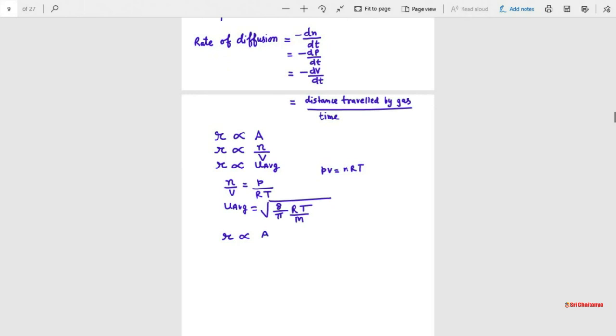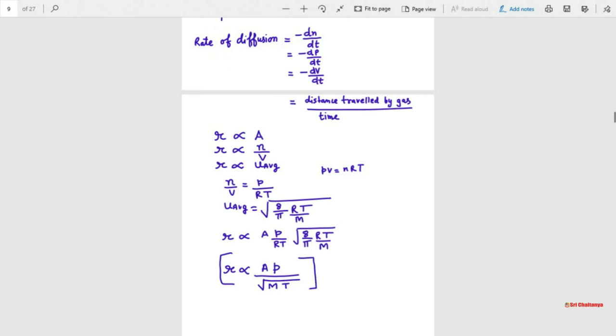The number of particles per unit volume can be written as partial pressure of the gas divided by RT. And average speed can be written as under root 8 by pi RT by M. If we simplify this, rate of diffusion depends on four factors: area of cross section, partial pressure of the gas, and temperature and molar mass, which both come in the denominator, right?